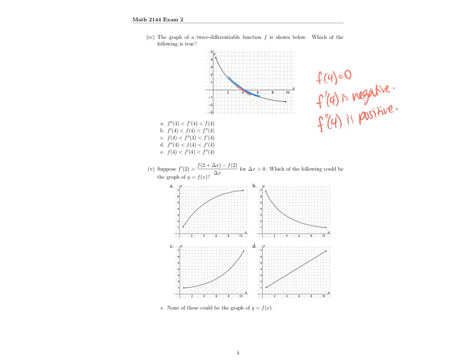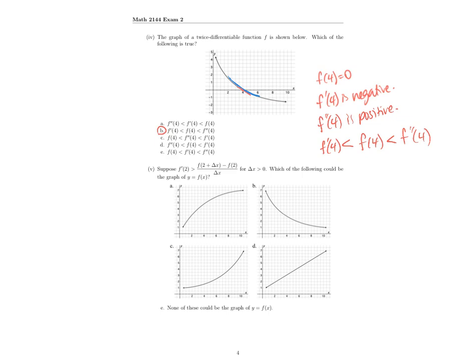Since f prime is negative, it's the smallest. It should be less than f of 4, which is 0. That should be less than f double prime, which is positive, so it's the biggest. Alright, so let's see which one works. That's B.